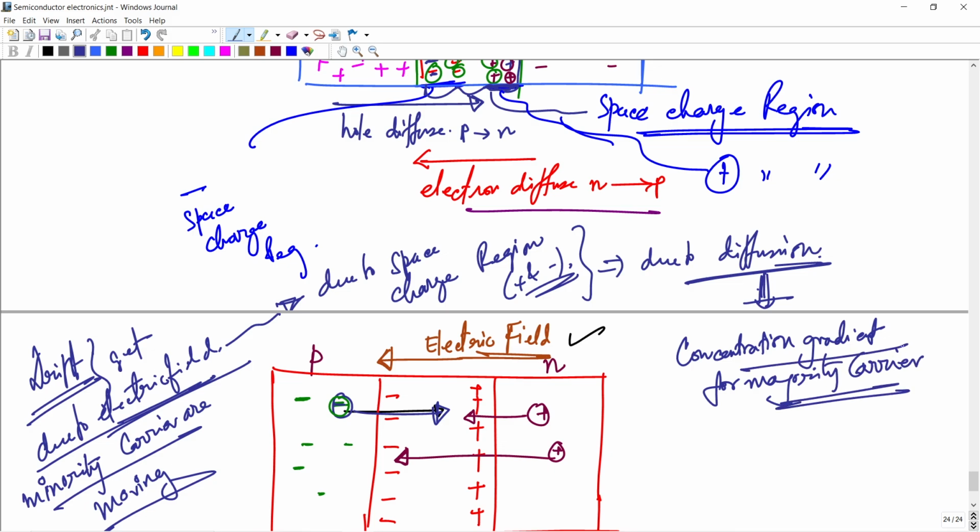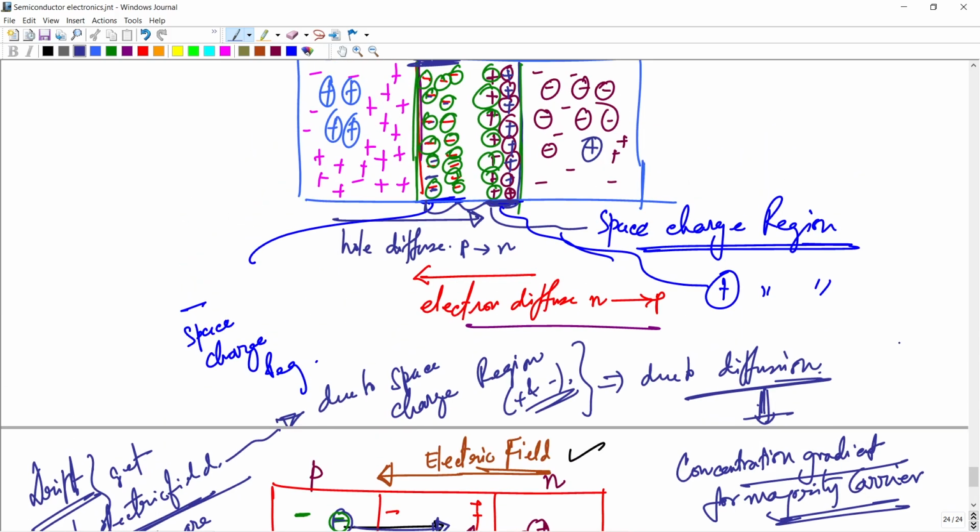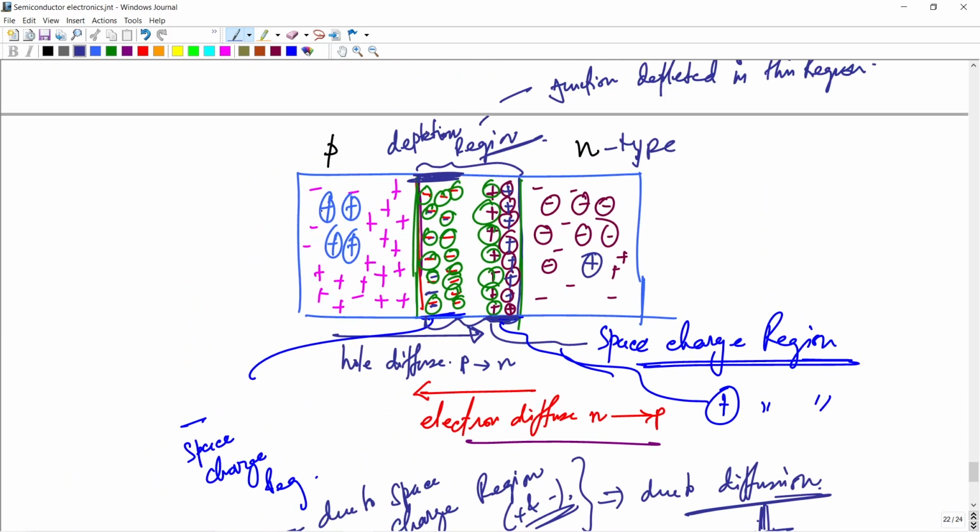Due to that concentration gradient, electrons move from the n side to the p side, because there is a high electron concentration in the n side and a low one in the p side.